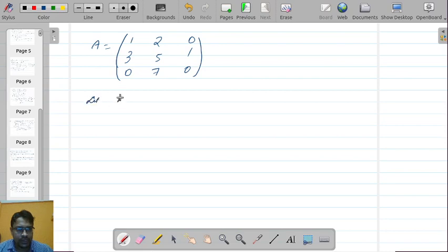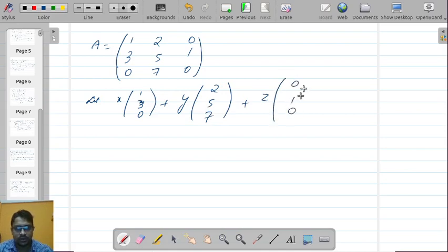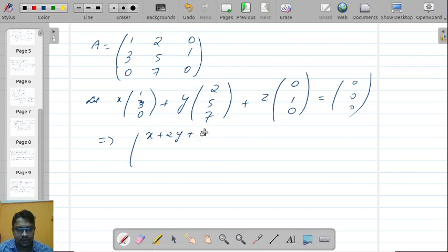Let x times the first column plus y times the second column plus z times the third column equal 0 0 0. So the procedure is: x plus twice y plus z equals 0, then 3x plus 5y plus z equals 0, and 7y equals 0.